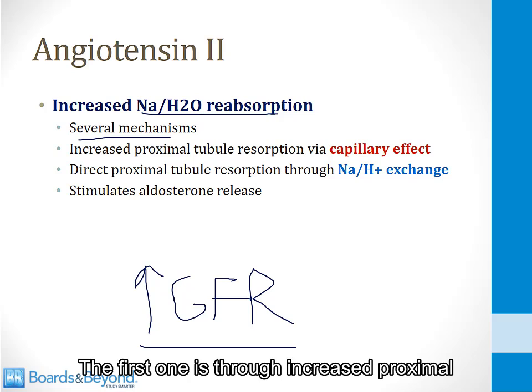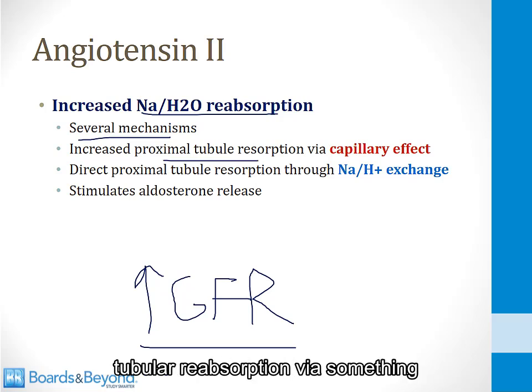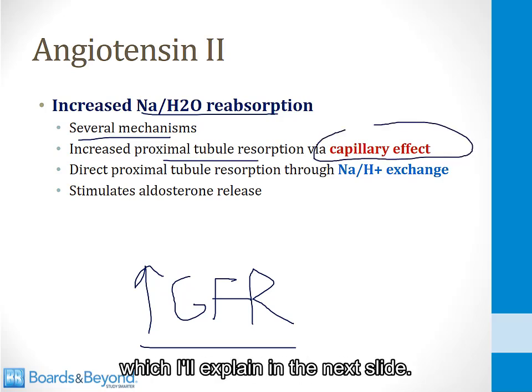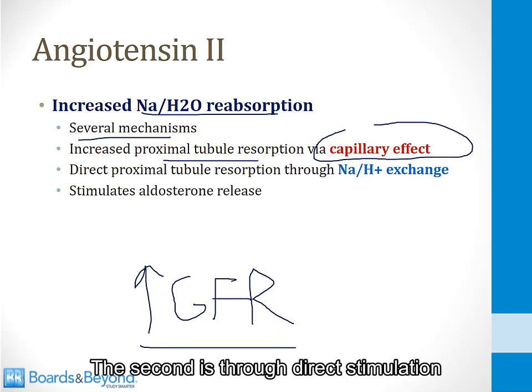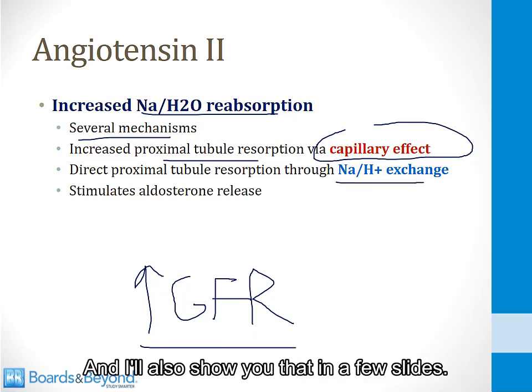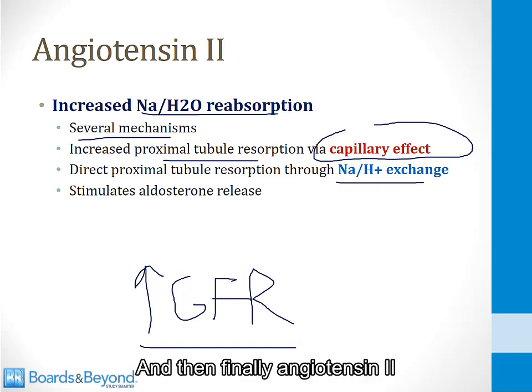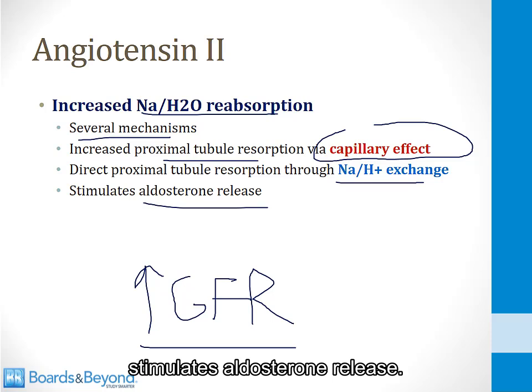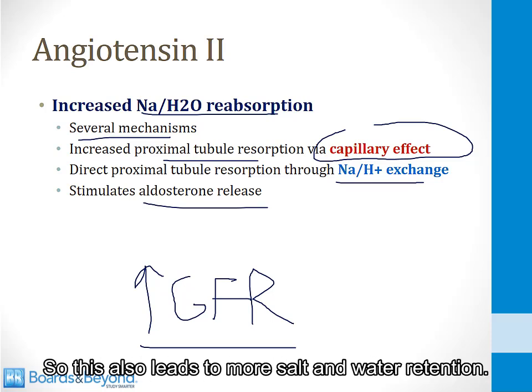The first one is through increased proximal tubule reabsorption via something called the capillary effect, which I'll explain in the next slide. The second is through direct stimulation of sodium hydrogen ion exchangers in the proximal tubule, and I'll also show you that in a few slides. And then finally, angiotensin II stimulates aldosterone release, and one of aldosterone's roles is to promote sodium retention, so this also leads to more salt and water retention.